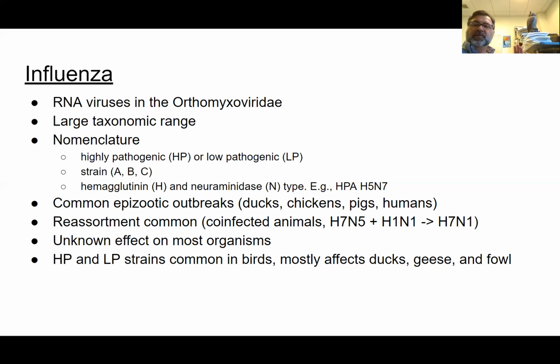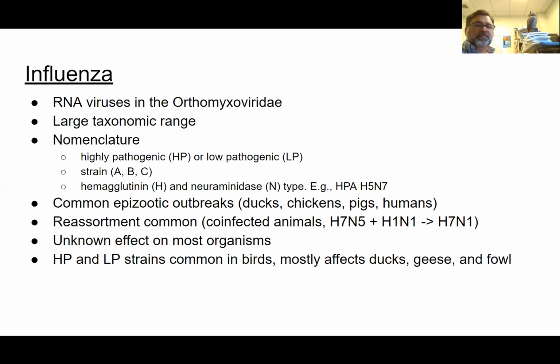When you get these reassortments, I would say there's an unknown effect on most organisms. So we know it circulates out there in the wild, but we really don't know its effect on wildlife. We do know that when very large, obvious wildlife such as ducks and geese die, you notice them.